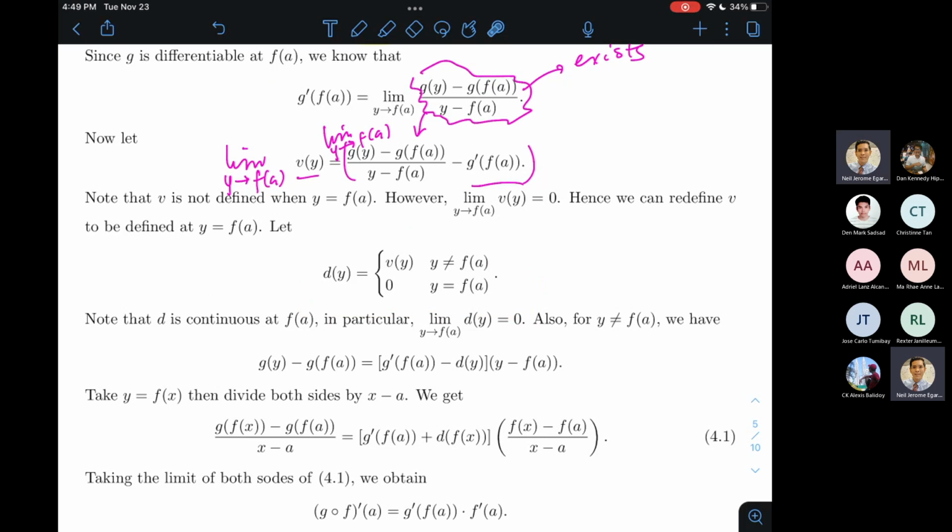Kasi yung limit ni d of y as y approaches f of a ay equal kay 0, which is actually the function value when y is equal to f of a. So nakapag-construct tayo ngayon ng isang continuous function, okay? Which in particular has limit equal to 0 as y approaches f of a.